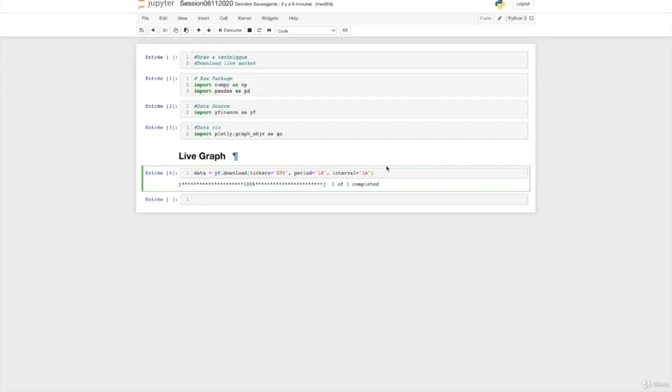I'm going to make a quick recap on the Bollinger Band, but essentially you're taking the average over the last 20 minutes, and you're picking up the standard deviation of the latest 20 minutes, and you will have an insight into the volatility. Based on this volatility, you can detect if the market is going to correct to the downside or to the upside. That's what we are going to do here.